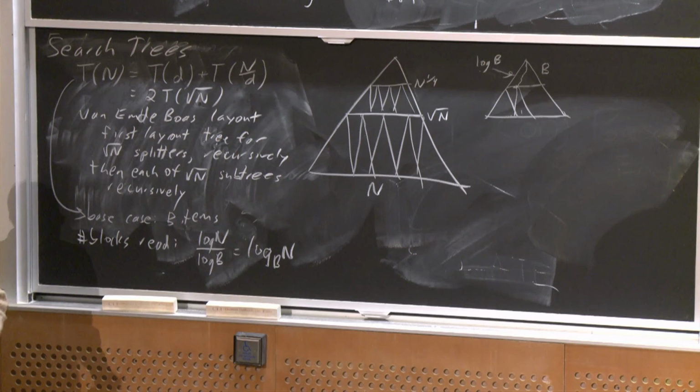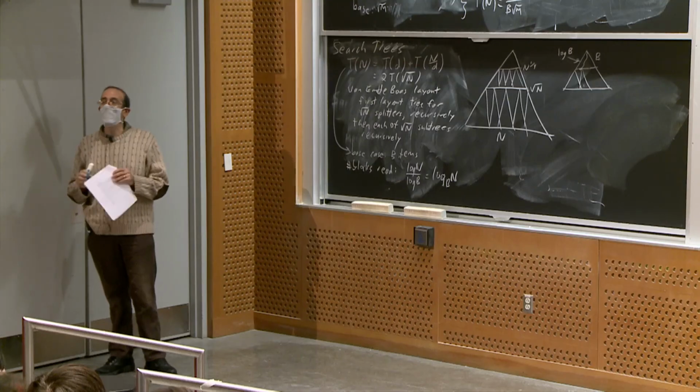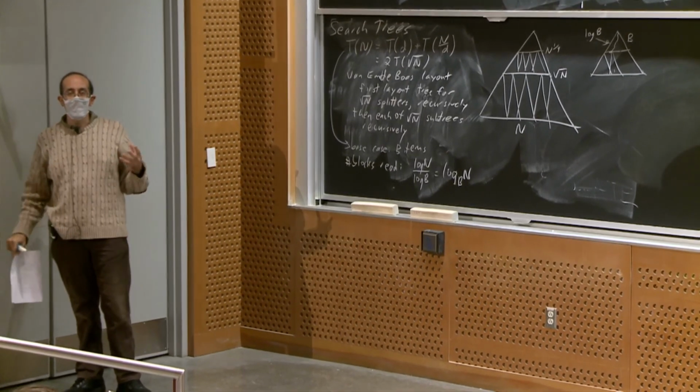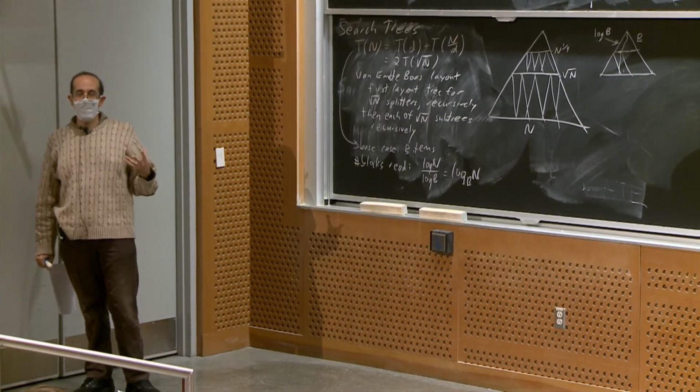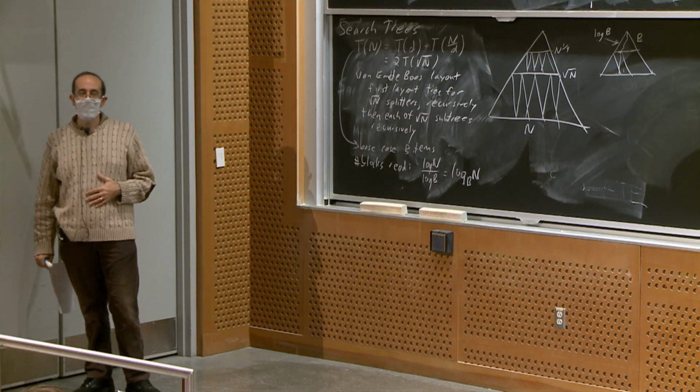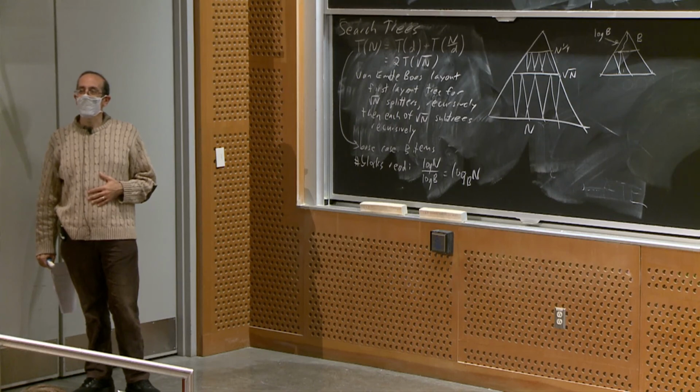So simply laying out your data in this very clever way gives you the same search performance as a carefully designed B tree. Which I think is pretty cool.